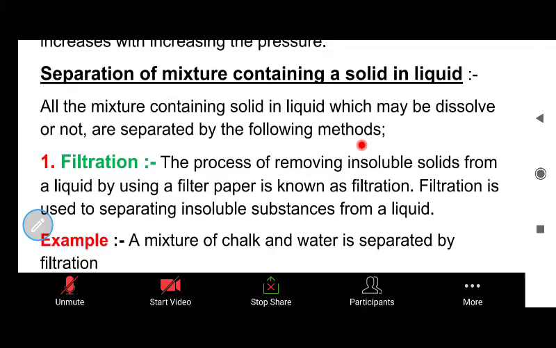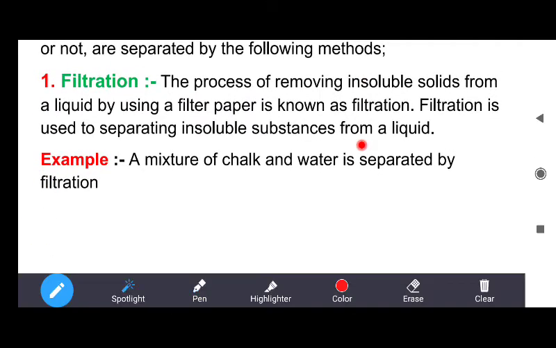The first method is filtration. What is filtration? The process of removing insoluble solids from a liquid by using a filter paper is known as filtration.